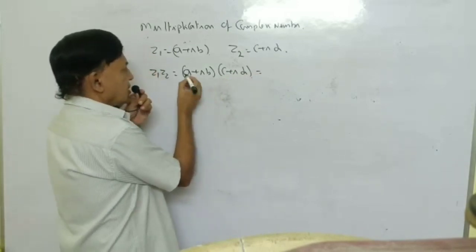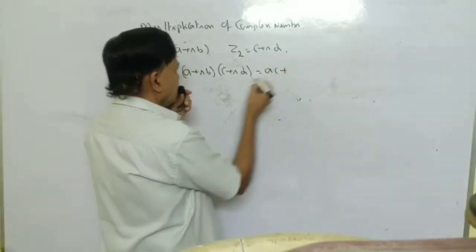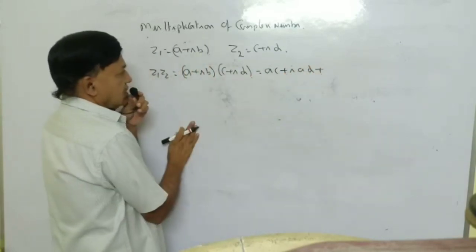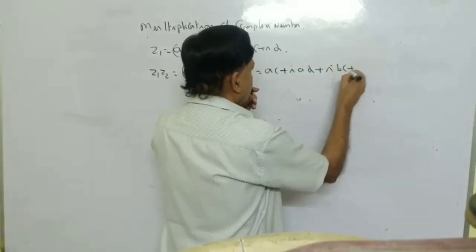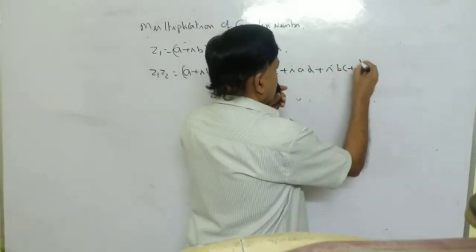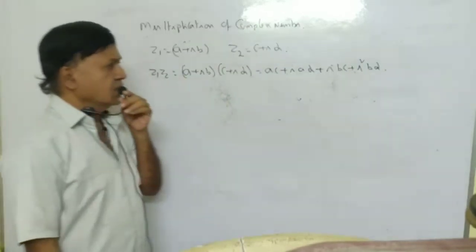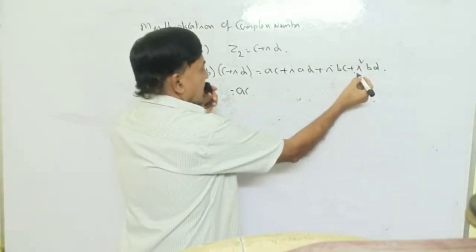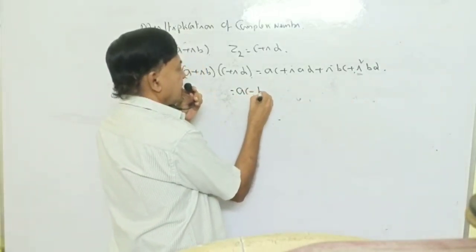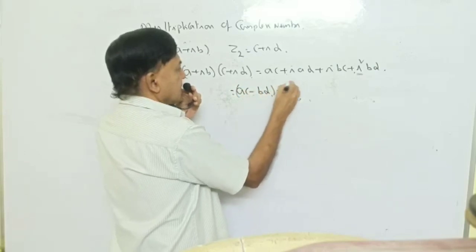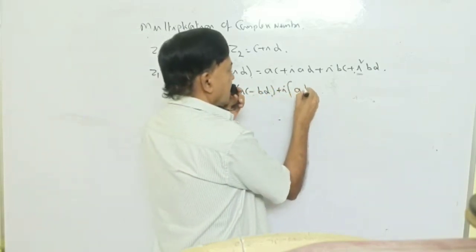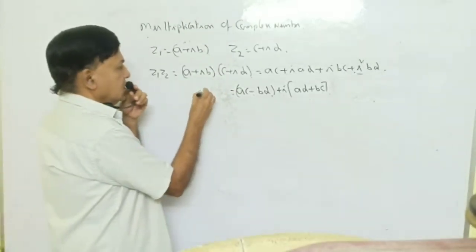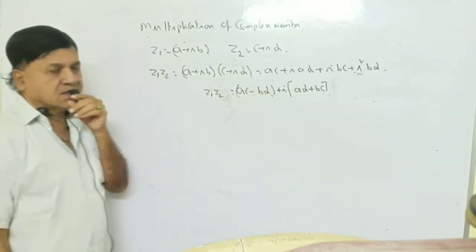So you multiply a into c, plus i into ad, plus i into bc, plus i square bd. This is ac, and i square is minus 1. So ac minus bd, plus i into (ad plus bc).